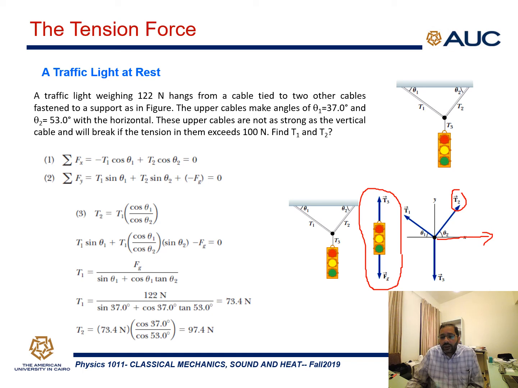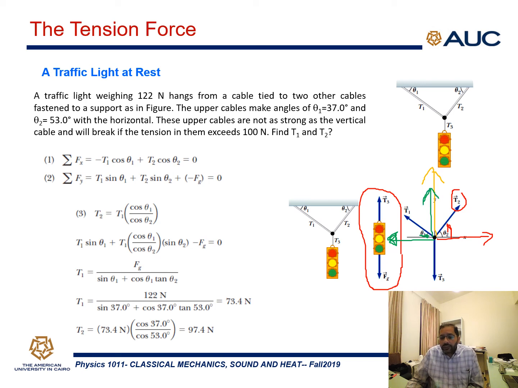This component is T2 cosine theta, since it is adjacent to the angle, and another component is T2 sine theta. T1 would also be broken into two components: T1 cosine theta, and T1 sine theta.